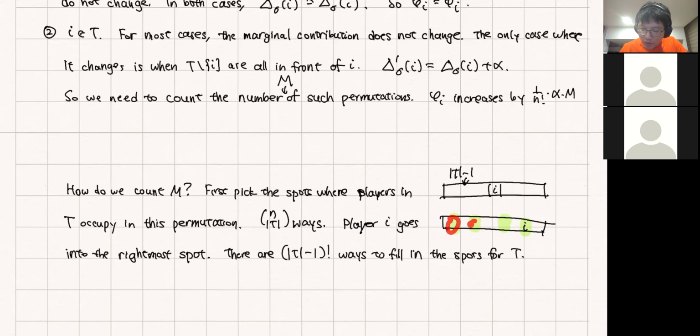There are T minus one spots like this, and T minus one things to fill them in, so there are T minus one factorial ways of filling those spots.